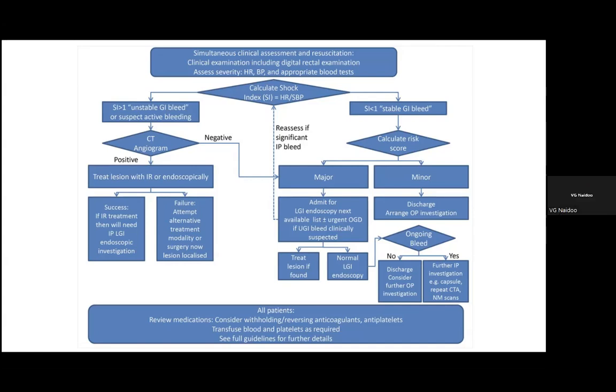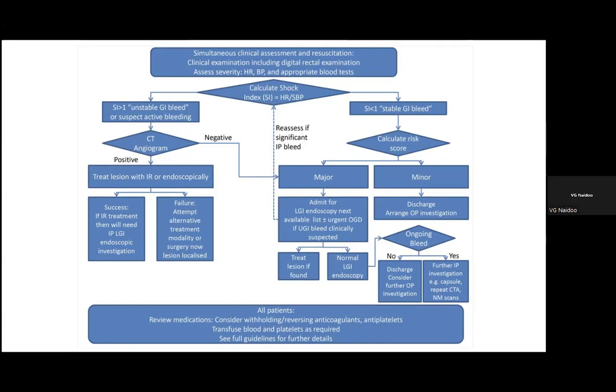Yeah, I would fully agree with that. I think you should have a low threshold to do an upper scope. Look, it's fairly obvious: if you've got somebody who's shocked, who's having red PR bleeding, you can spot them. They aren't well at all.